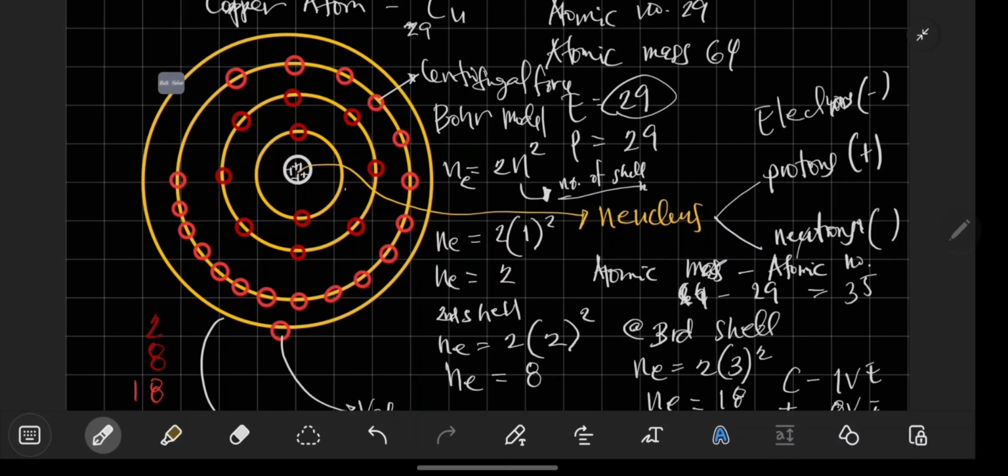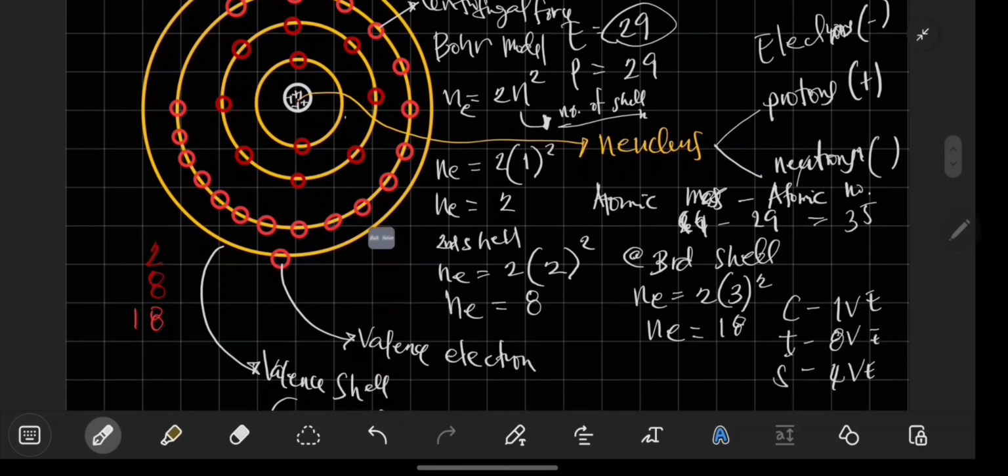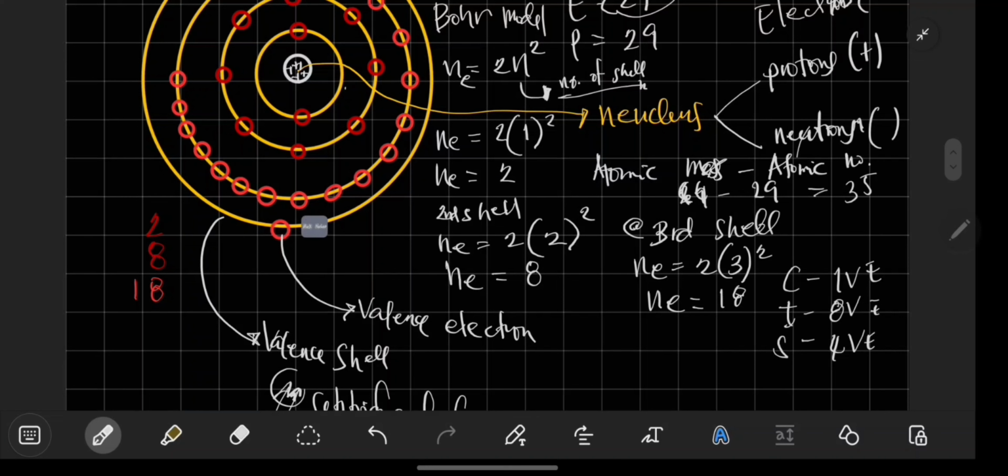So, pag sobrang layo na, katulad nito, sa valence electron na nandito sa valence shell, so less ang force na in-exert nito. So, masasabi natin, mabagal yung takbo niyan. Okay? So, kung mabagal yan, madali yang matanggal dito sa shell na to.